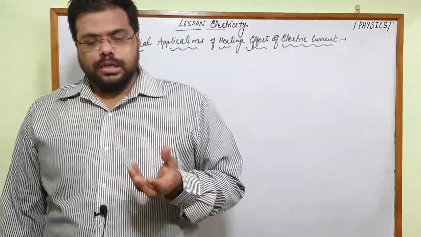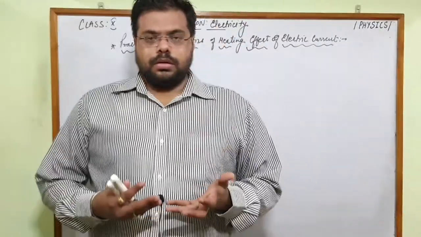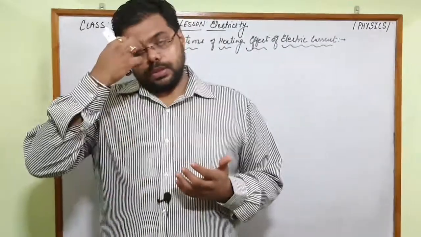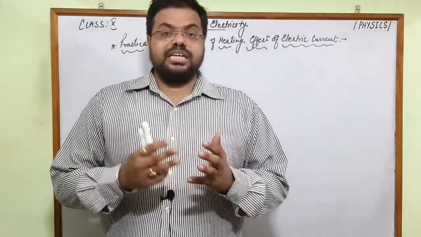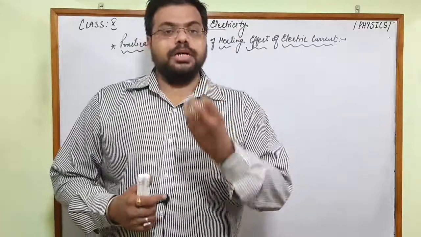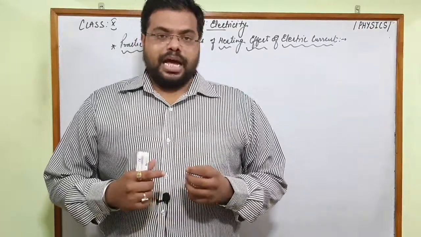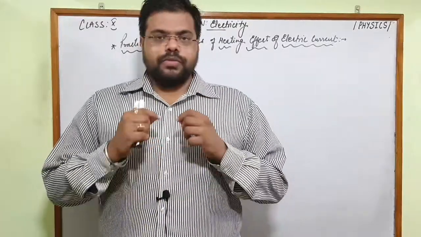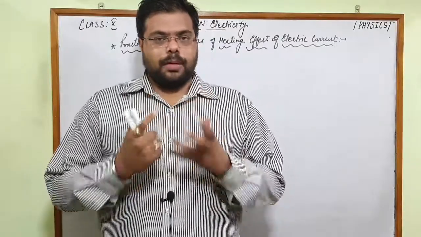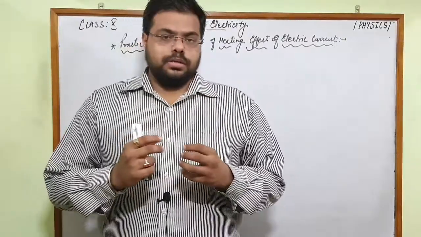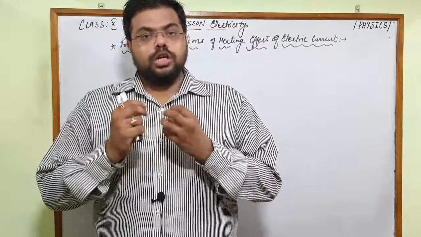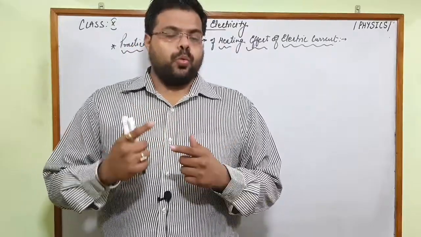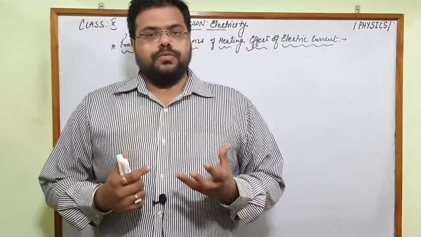Then you can also use this heating effect in the form of light, like a bulb filament glows there. Why do they glow? First of all we have to give high temperature to the particular filament, and due to the heat up, it will glow, and we can use it in the form of light.